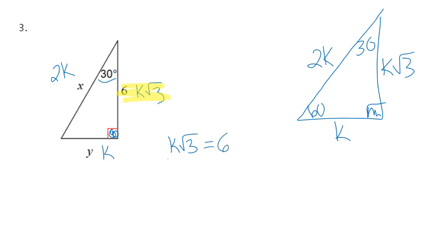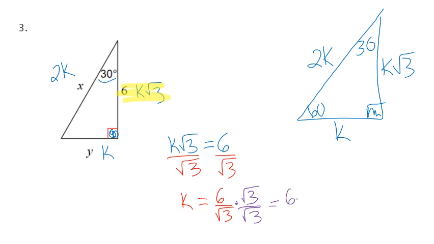K is not by itself, so I have to divide by root 3. We can't leave a radical in the bottom. 6 over radical 3 doesn't simplify, so we have to rationalize it out. So we get 6 radical 3 on the top. Radical 3 times radical 3 is just a 3, so that's radical 9, which becomes a 3.